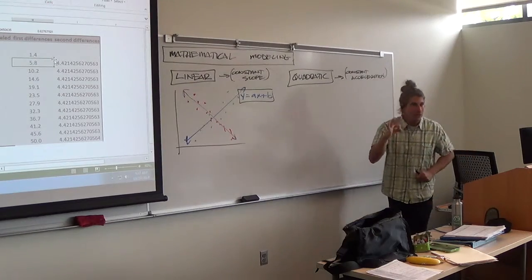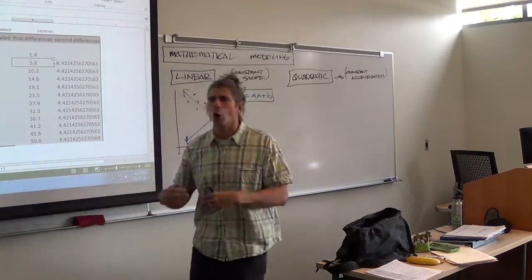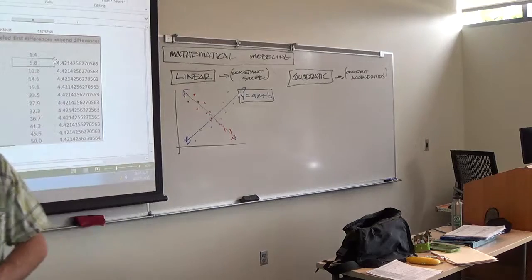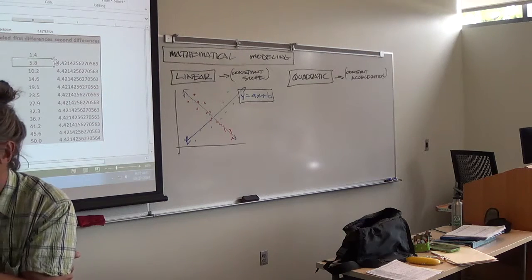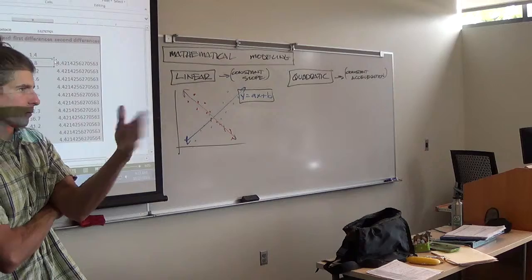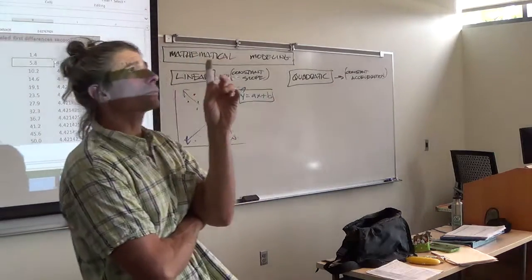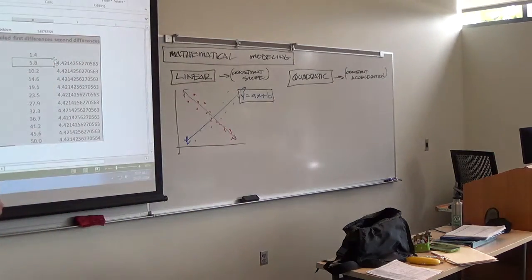What is acceleration? I mean, you're going to say it's the car's getting faster. Oh, please. It's the rate of change of the rate of change. So when you talk about rate of change, speed, for example, rate of change is rise over run.